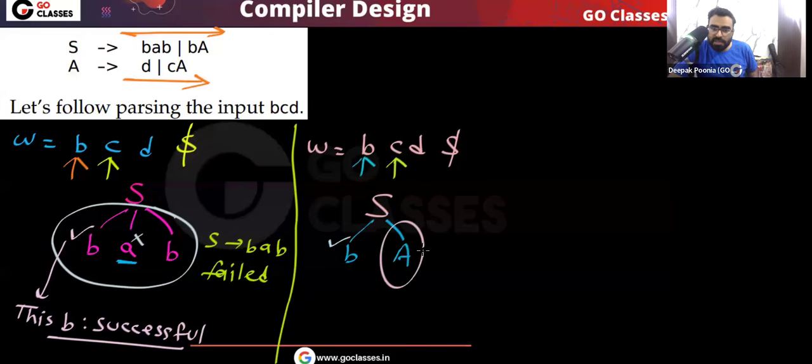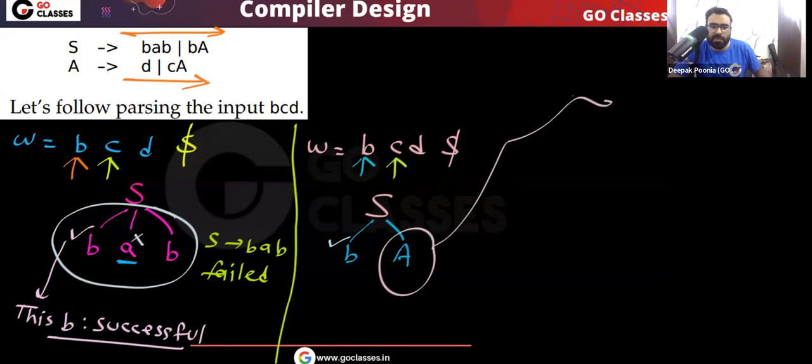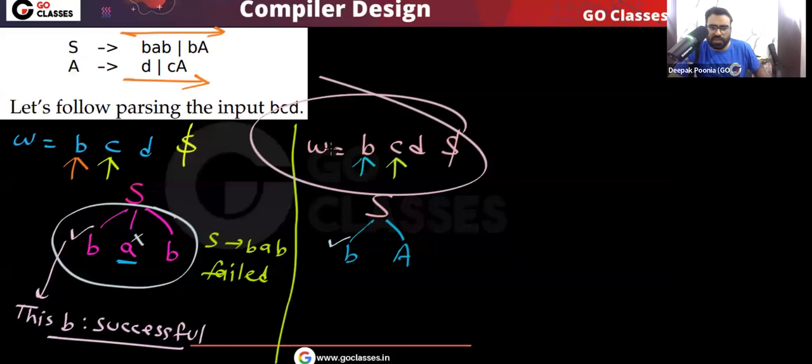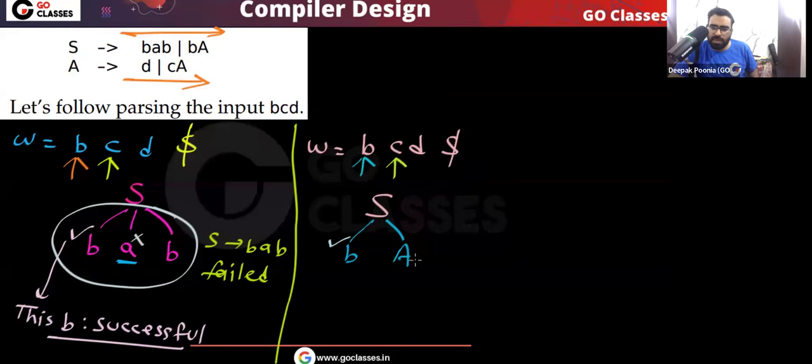Now you notice this is a non-terminal. When you see a non-terminal, the recursive descent parser will try a production without looking at the input string, without looking at the current input symbol. Blindly we will try a production. And remember, the A productions also we will try in a fixed order.